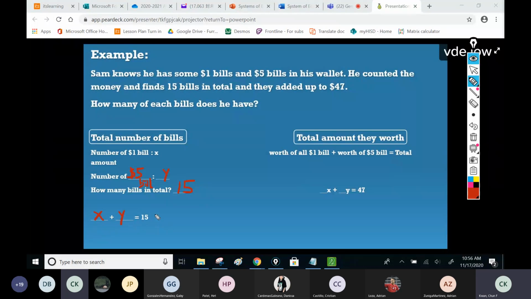You don't know how many of them are $1 bills, but we set it up as X, and you don't know how many are $5 bills, but you set it up as Y. For now, we will leave it as X and Y. We don't know exactly how many of each bill he has, and that's what we need to solve. So X plus Y equals 15.